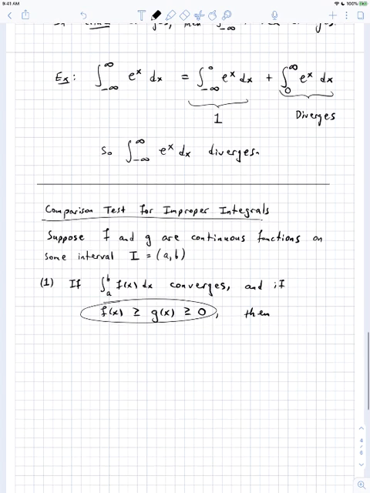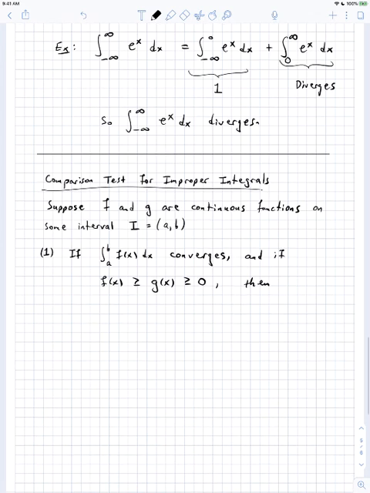So what do we know here? We're thinking about this in terms of area. So we know that f is bigger than g. And we're looking at the integral from a to b. Now, there might be an infinite discontinuity.